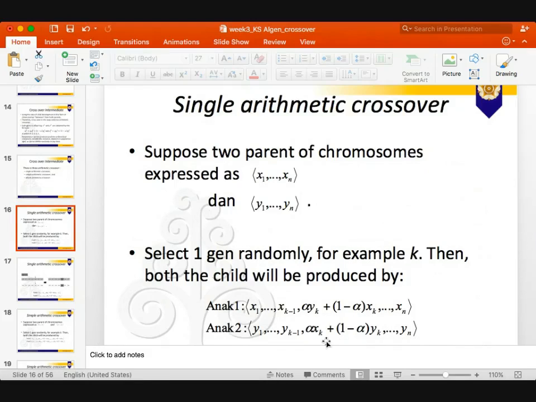Only locus K comes from the combination of the first parent and second parent genes.